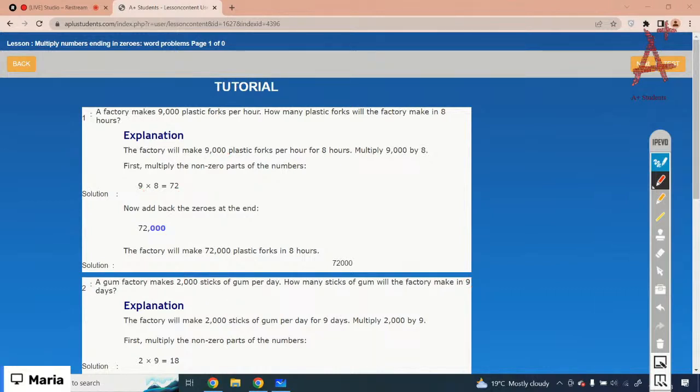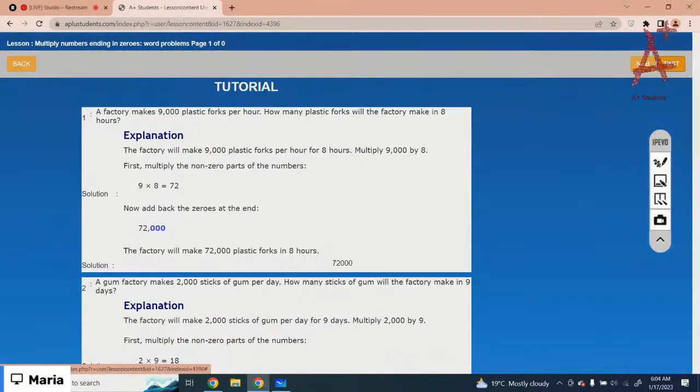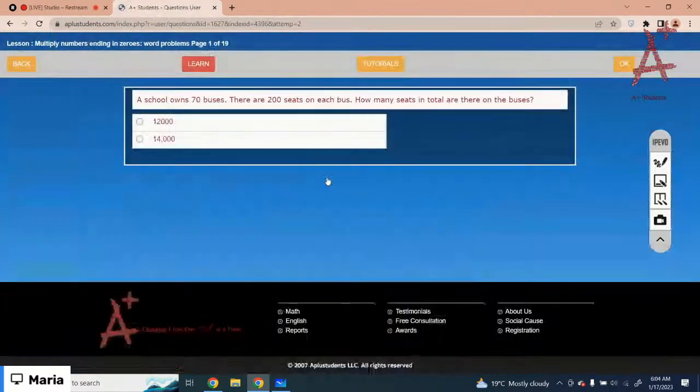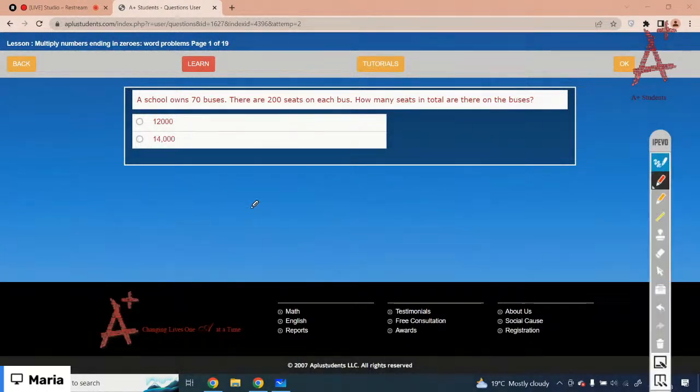Okay, let's start with the test question. A school owns 70 buses. There are 200 seats on each bus. How many seats in total are there on the buses? So just multiply the non-zero values, the 7 and 2. 7 times 2 makes 14.